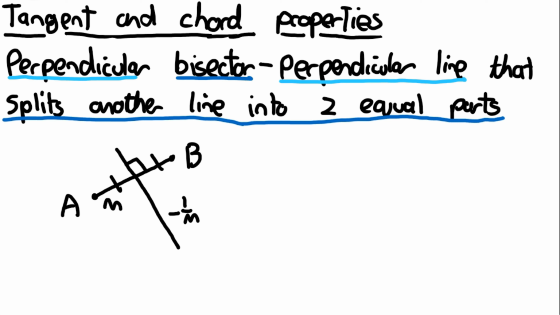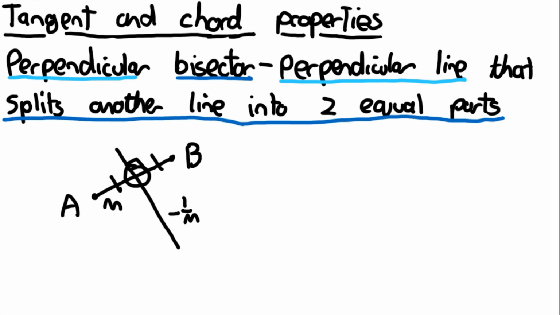And you can find a point on the perpendicular bisector as the midpoint of AB will lie on the perpendicular bisector. So remember, it splits the line equally into two, so therefore it has to go through the exact midpoint of the line. We talked about how to find the midpoint of a line in the equation of a circle video in the circles chapter, so go over that if you're not sure.